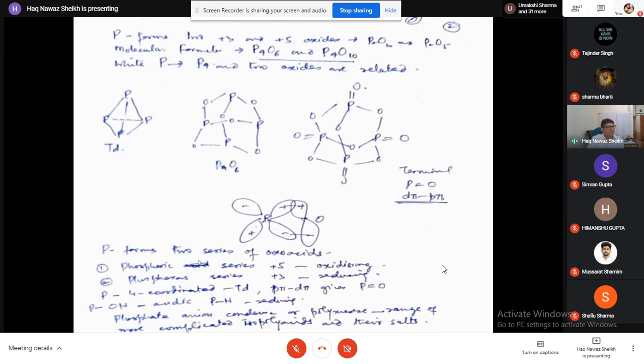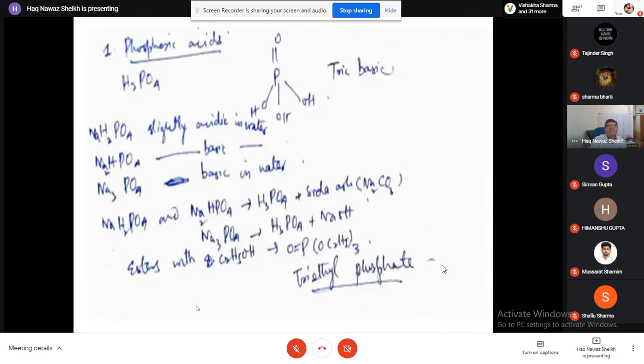So we have a series of compounds which involve the condensation of the monomeric acids, generating the polymeric acids or their salts. First is the phosphoric acids. The most common acid is orthophosphoric acid.